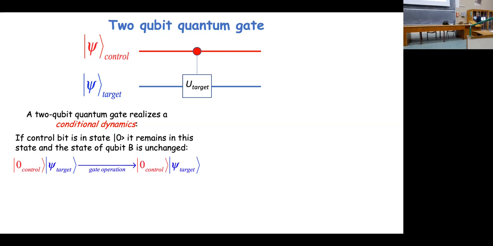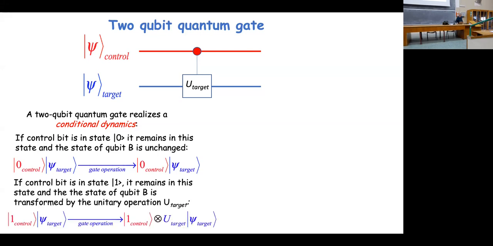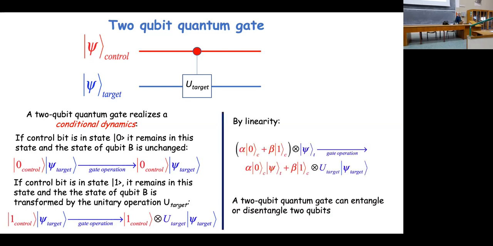So if the control is in state 0, nothing happens. And if the control is in state 1, the target undergoes the transformation U target. You see immediately, due to the linearity of quantum physics, the superposition principle, that this gate produces entanglement.